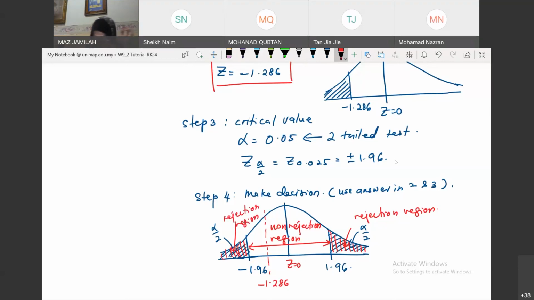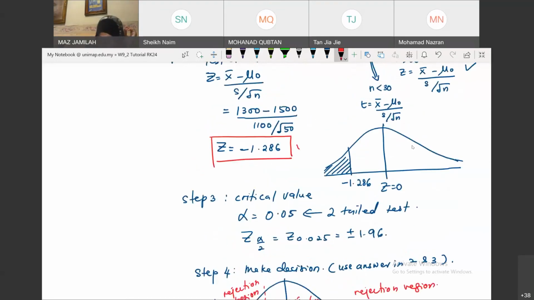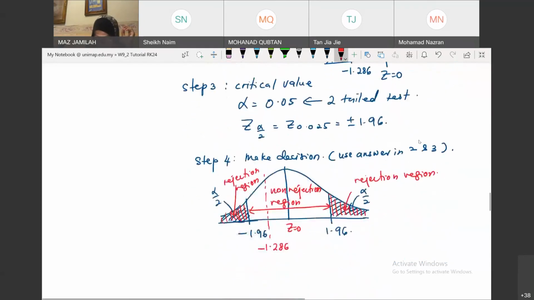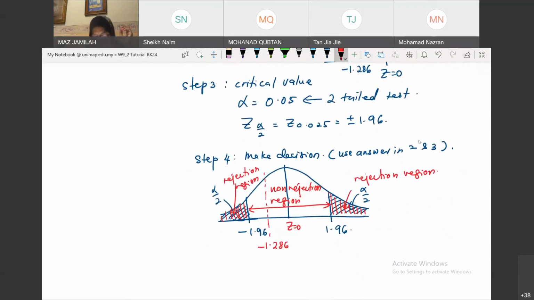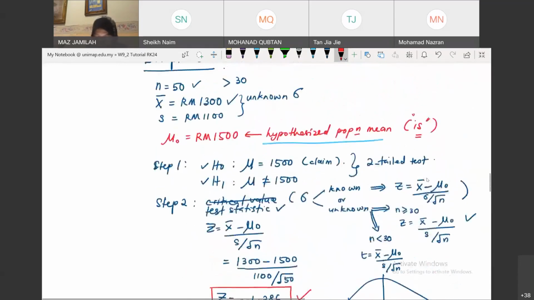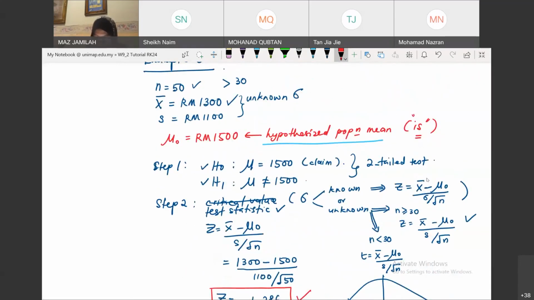Now, since our test statistic negative 1.286 falls in the non-rejection region, what will be your decision? Therefore, we fail to reject the null hypothesis. Class, whenever you make a decision, always refer to your null hypothesis, even though your claim could be in the null or in the alternative.